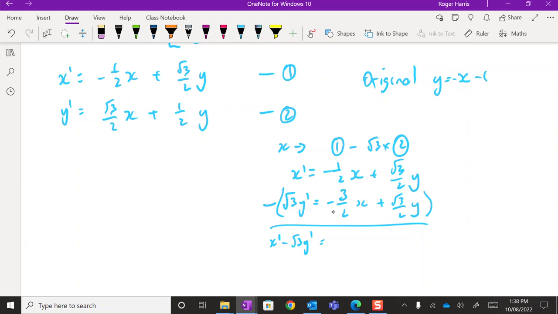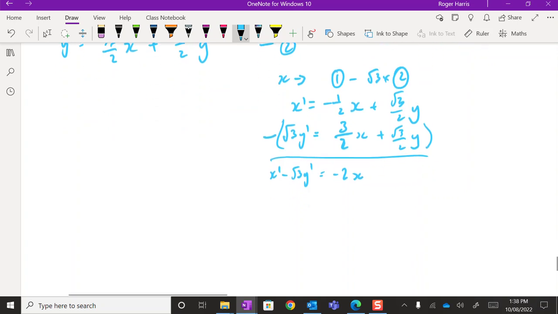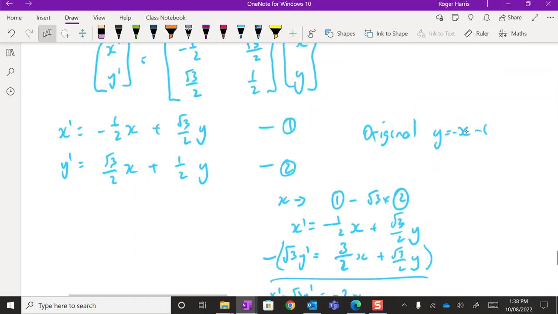Yes, I did. It didn't have to become minus, it was positive. So negative a half minus root 3 on 2 will just become negative 2x, and I've eliminated that. So in terms of x by itself, I'm going to get x equals a half x1 minus root 3 on 2y1.